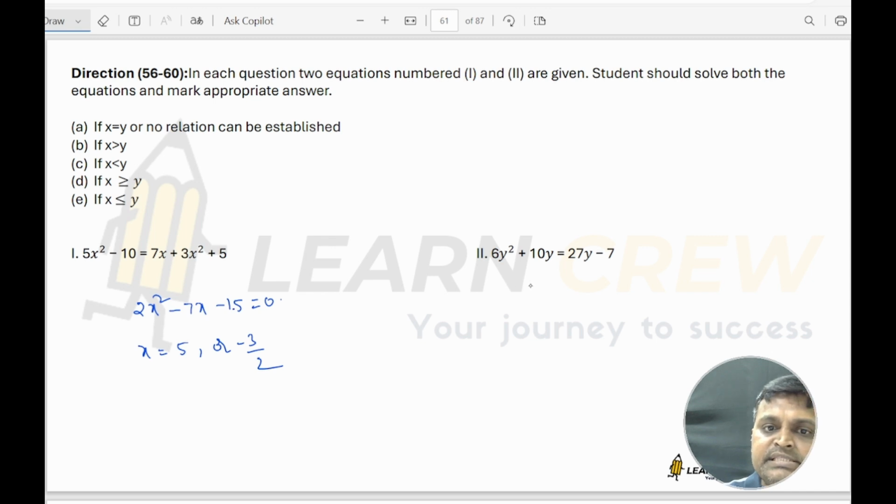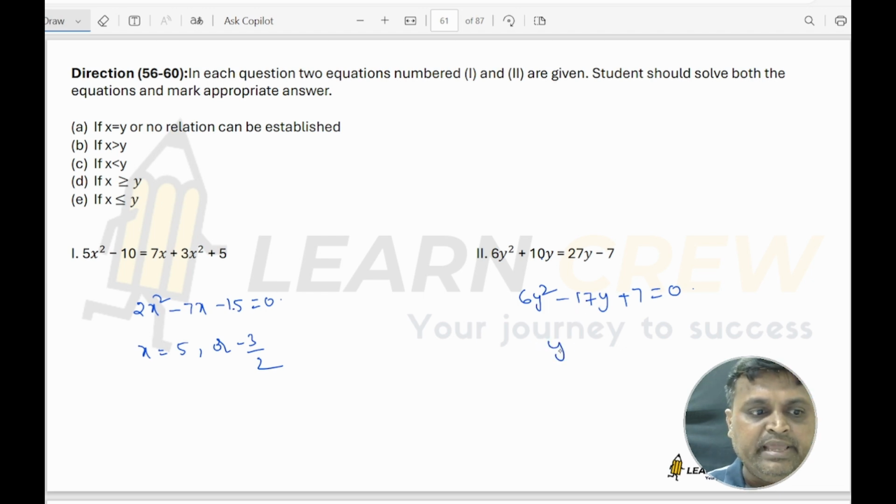Similarly here 6y square minus 14y minus 3y plus 7 is equal to 0. 6 7s are 42. 6 7s are 42 means how much do you get? 14 3s are 42. So you will get y as 1 by 2 or 7 by 3.